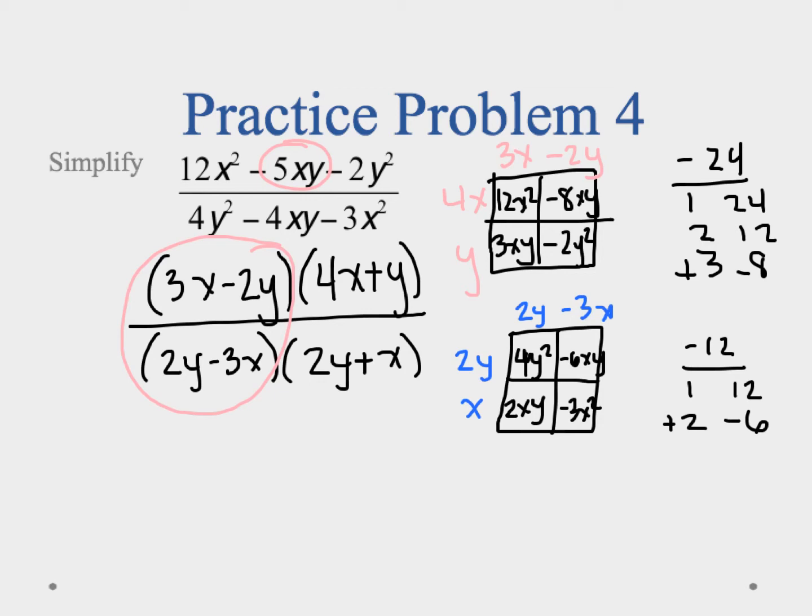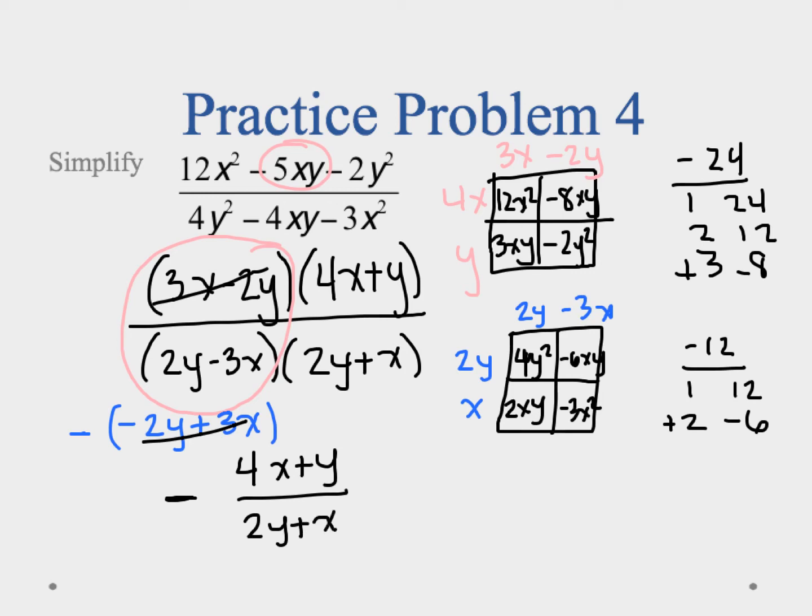So I'm going to rewrite it to negative 2y plus 3x. Remember, there's that negative on the outside because I factored that out. Now it looks like my numerator. So I'm going to cross them out. And I'm left with, I'm going to write the negative on the outside. Don't forget that negative. You have 4x plus y divided by 2y plus x.